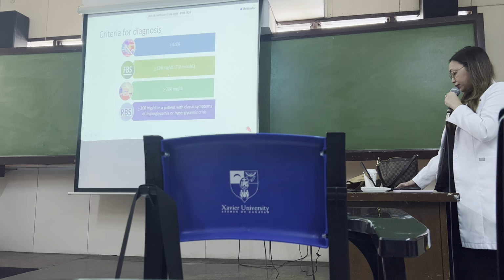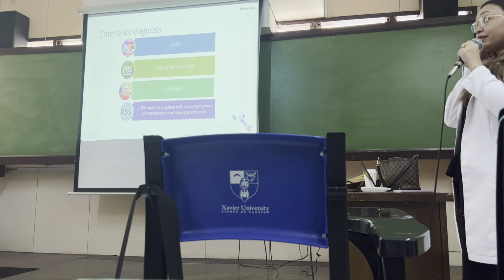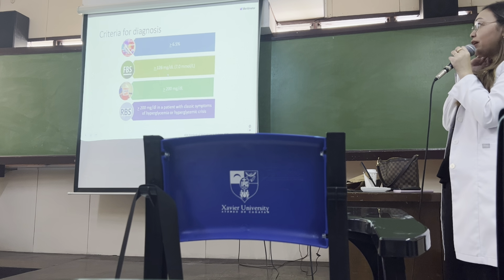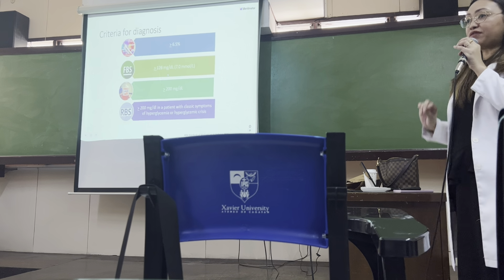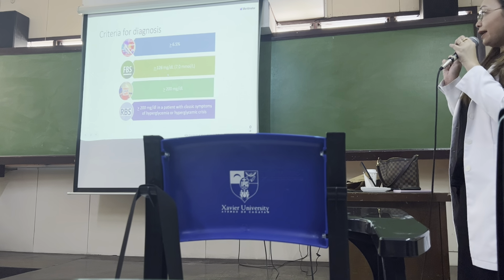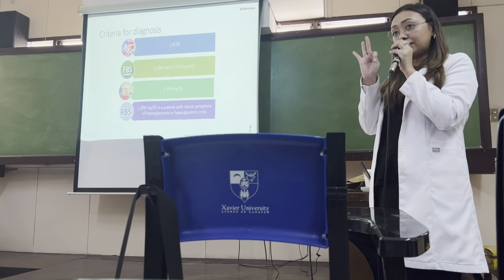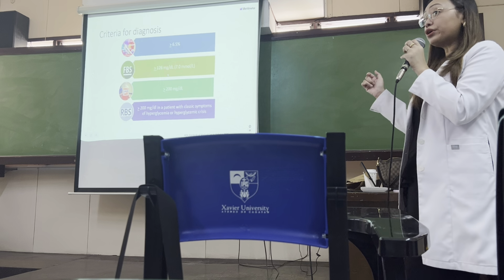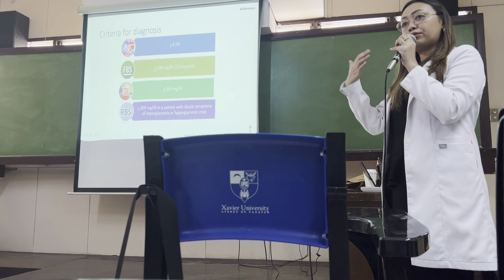The criteria for the diagnosis are as follows: an A1C of 6.5% and above, an FBS of 126 and above, a 2-hour 75 gram OGTT of 200 milligrams per dL and above, or an RBS of 200 and above in a patient with the 3Ps: polyuria, polydipsia, polyphagia, and weight loss, or already in a hyperglycemic crisis, meaning DKA or HHS.